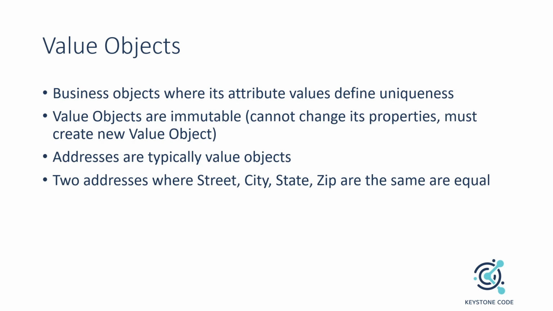We'll see what that ultimately means from a coding perspective. If we wanted to update, say, the state on an address, we can't just take the object and update its property, setting the state to the right value. We want to create a whole new address that replaces the previous address, and we'll see examples of that.